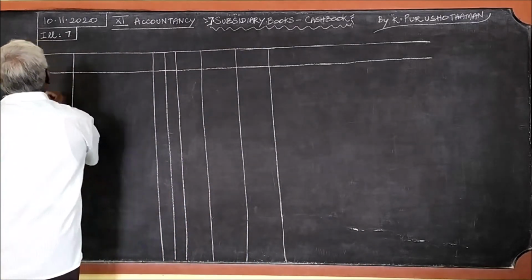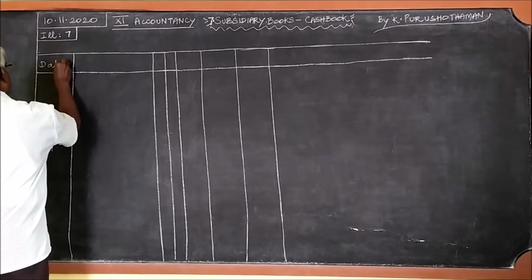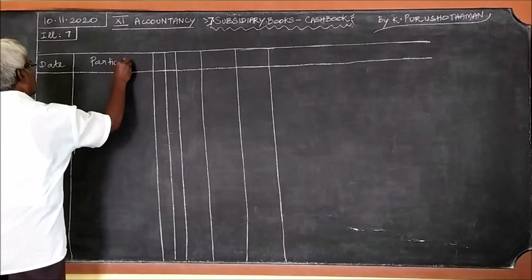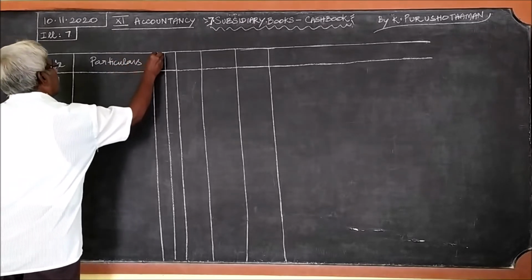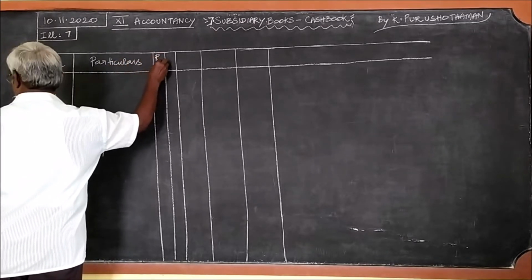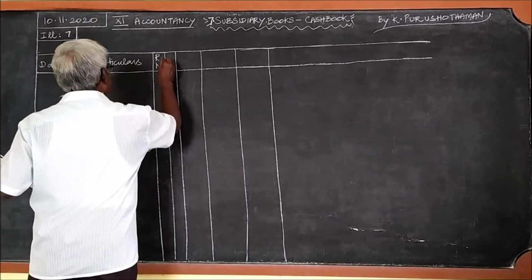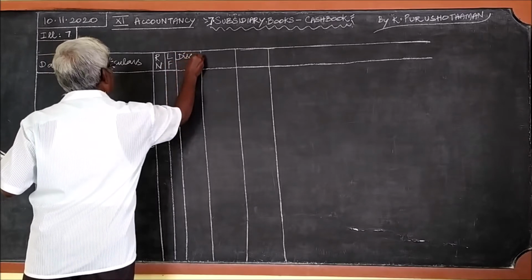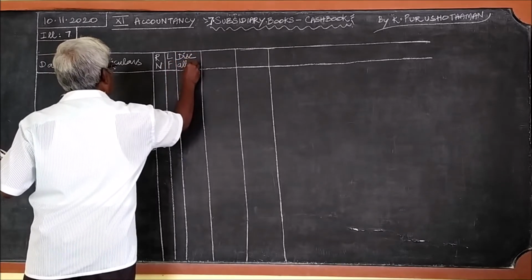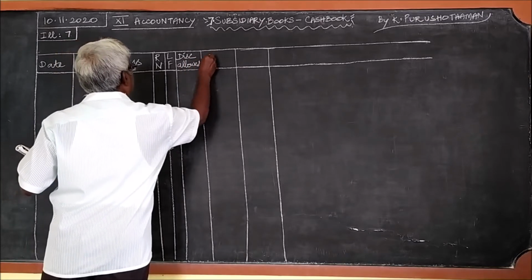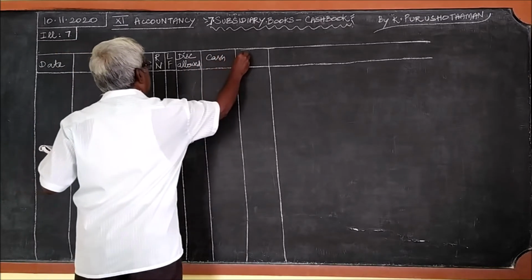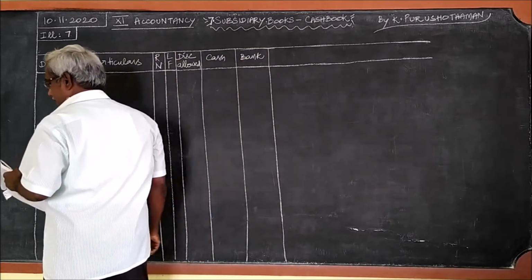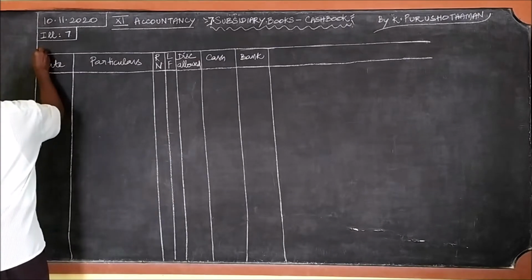That is date, particulars, receipt number, ledger folio, discount allowed, cash, bank. This is for the debit side, so we can write data.